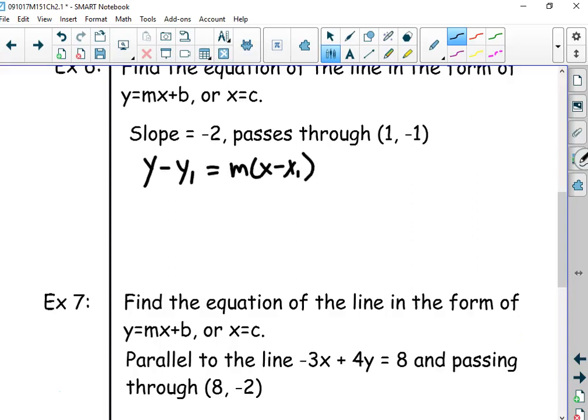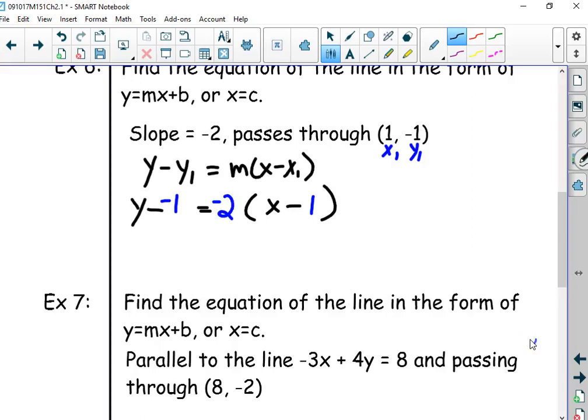If we substitute our numbers that were given, the point and our slope, then let me see, the y1 is -1, x1 is 1, and our slope is -2.